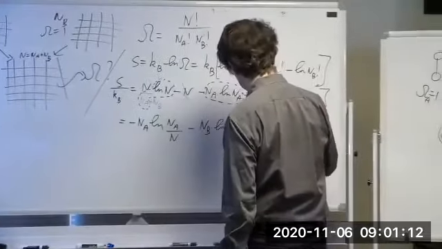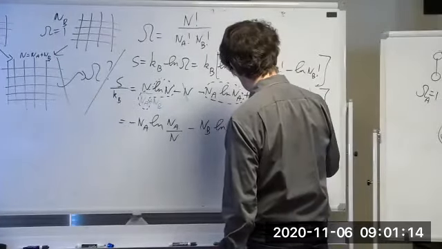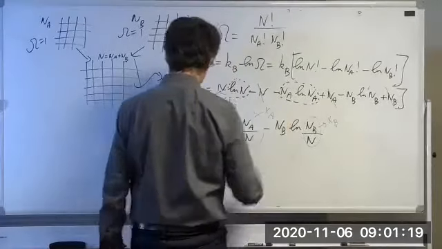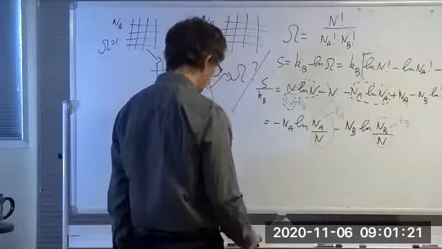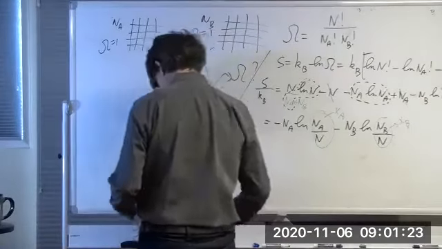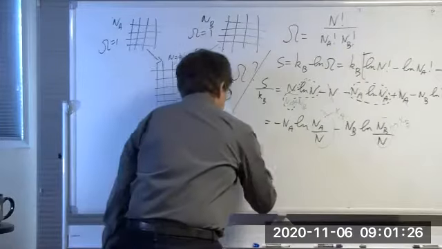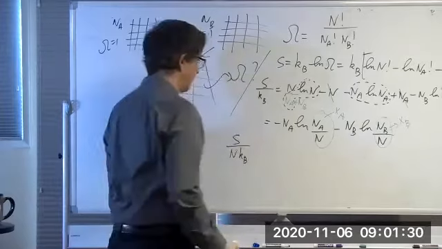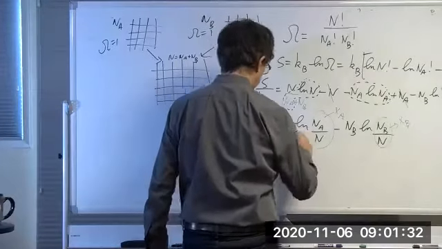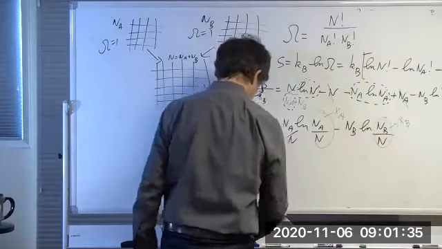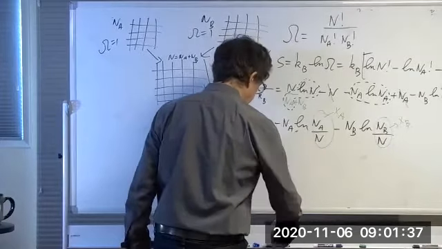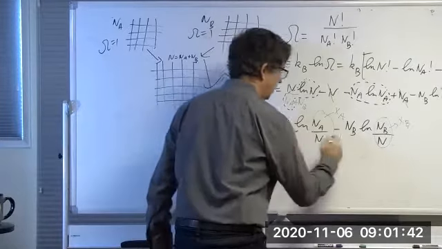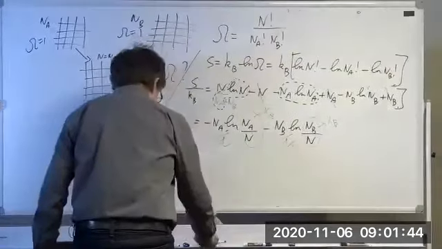Nb over N, this is the mole fraction, this is XB. Na over N, this is XA. And so if I normalize now by N, so if I write S over N Kb, then if I divide by N here, I get divided by N there.